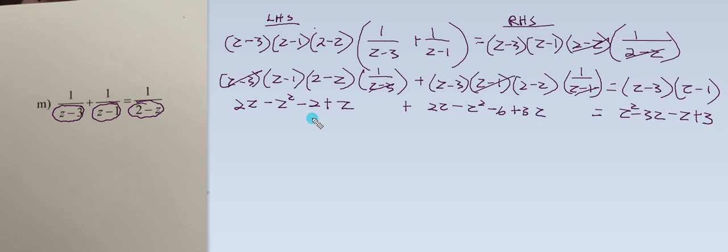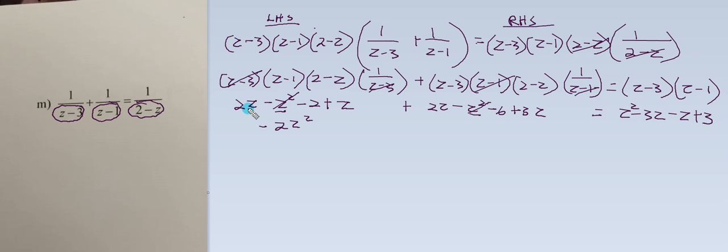Now let's combine the left hand side. You've got minus z squared and minus z squared, so it becomes minus 2z squared. I think it's better not to show this as a cancel, just underline, so that it doesn't mean cancel. That means you add them up together.